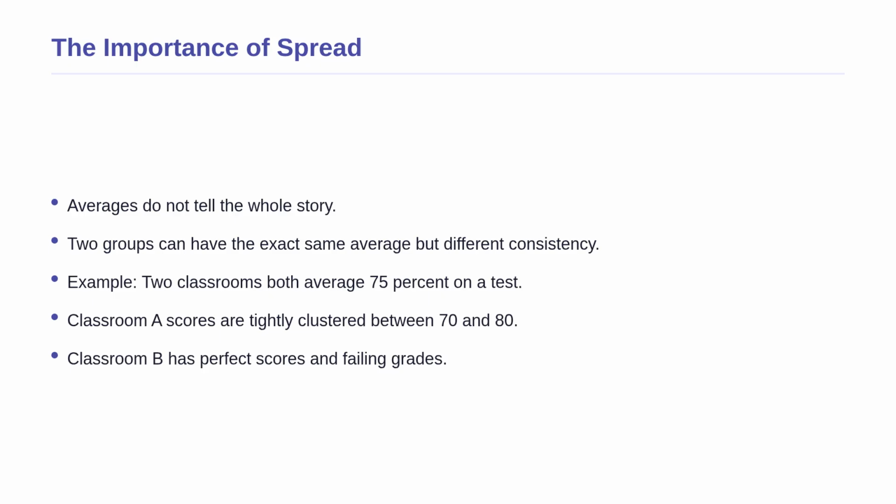But what if I told you that in classroom A, every single student scored between 70 and 80%, while in classroom B, half the students failed miserably and the other half got perfect scores? Even though their averages are exactly the same, the consistency of their scores is completely different. In biology and medicine, this spread, or variability, is often just as critical as the average effect.